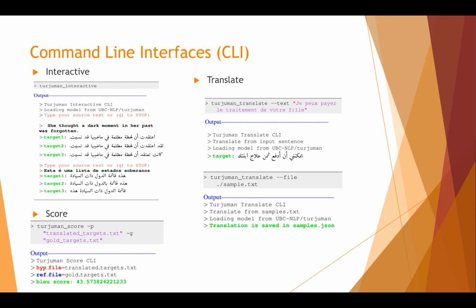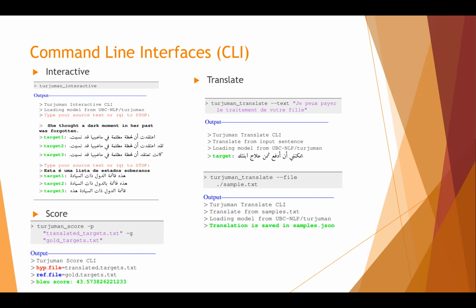For example, interactive allows you to write whatever you would like to translate, and once you hit enter, you get the translation. For this version of the toolkit, interactive only supports beam search.